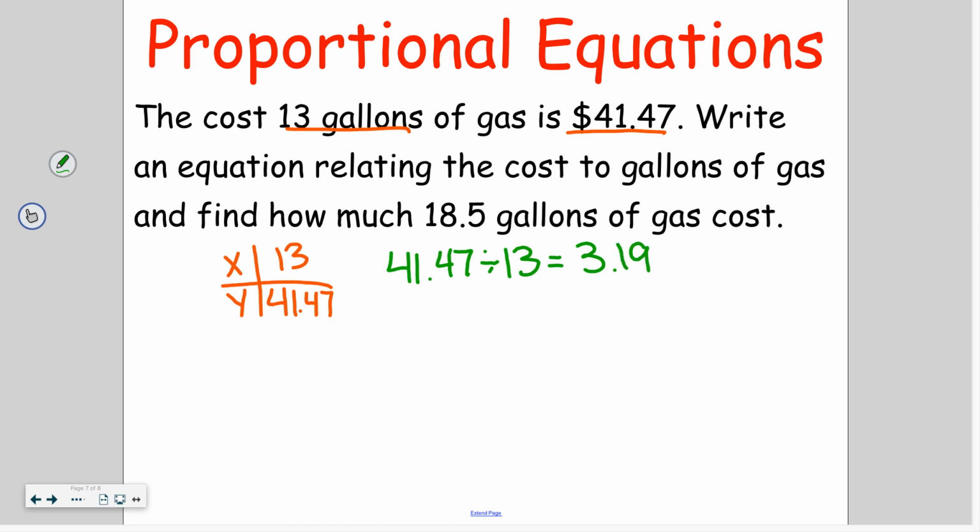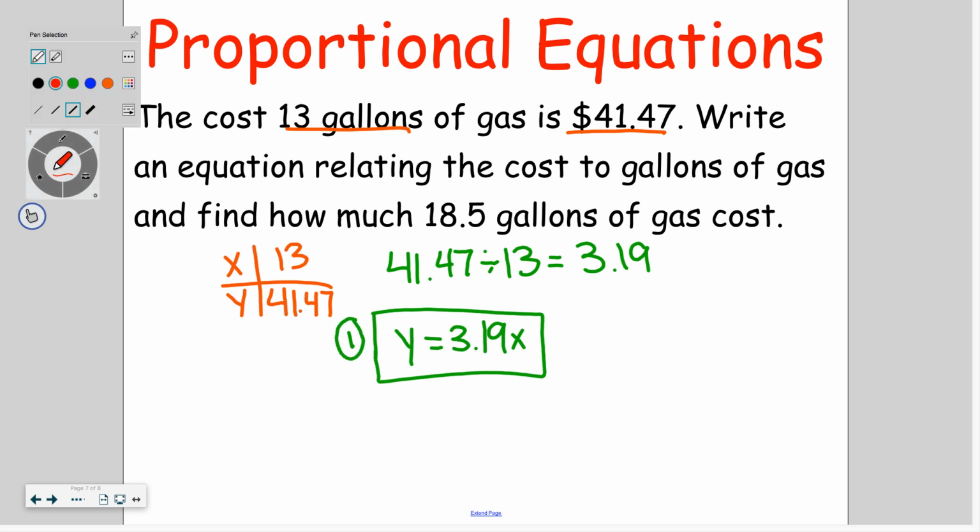So what that means is it's $3.19 per gallon. Again, making sure, step 1, you write out that equation. Y equals a number times x. So that's the first part of the answer.